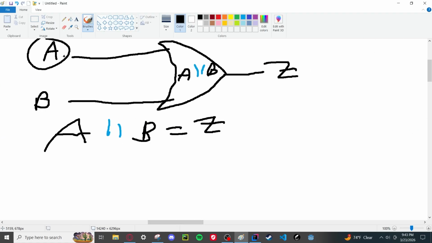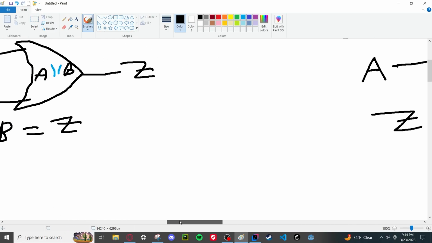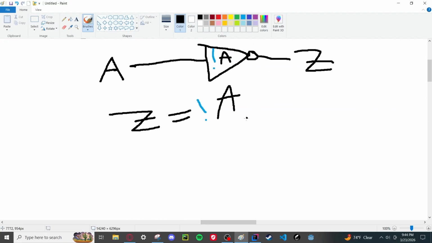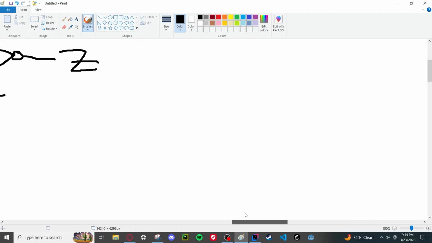A or B is equal to Z, because A or B, whatever Boolean that outputs, whatever 0 or 1, will get saved to Z. Not A equals Z. I don't know why I wrote it like this, left to right, but same idea. Whatever 0 or 1 is in A will get notted and will be saved to Z. So that's something we call a logical statement.